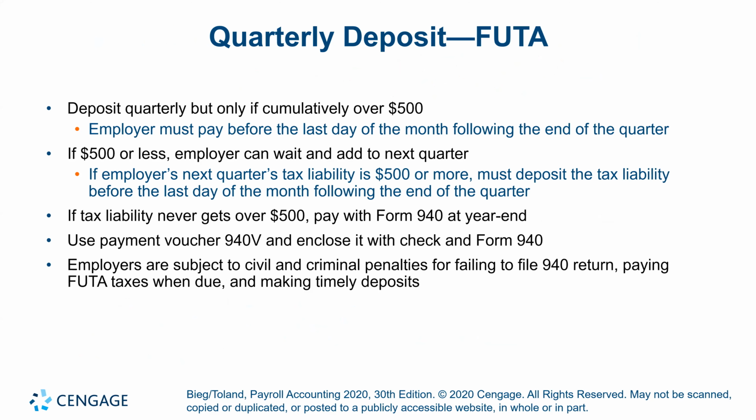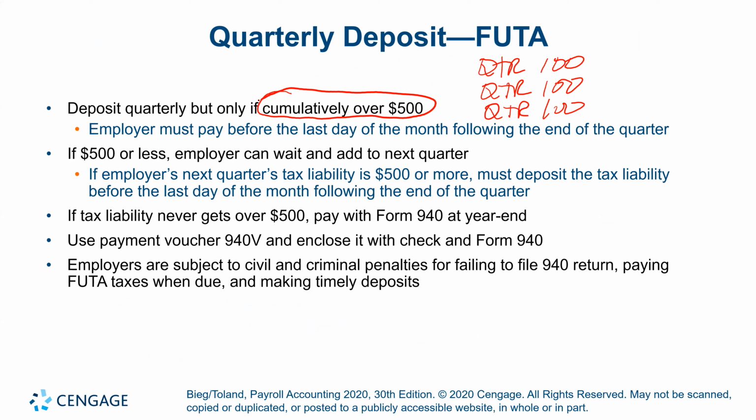Okay, quarterly deposit. So deposit quarterly, but only if cumulatively over $500. So, you know, in quarter 1, if we've only got $100, in quarter 2, if we've only got $100, in quarter 3, if we've only got $100, we don't need to deposit quarterly unless it's cumulatively over $500.